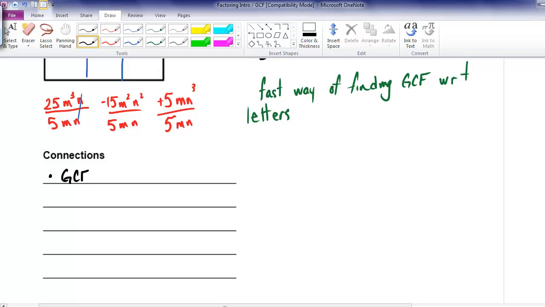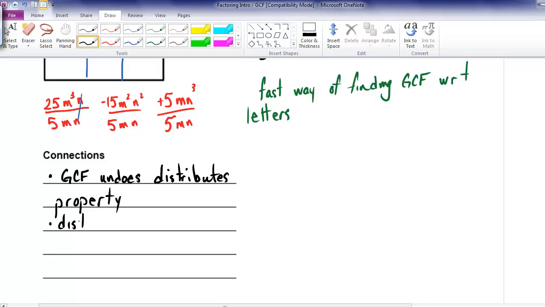Greatest common factor undoes the distributive property. If you look at all of the rectangles that I just drew, they're the exact same as when we did the distributive property. That's why I wanted to spend some time multiplying using rectangles.